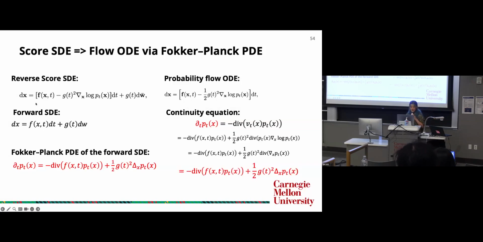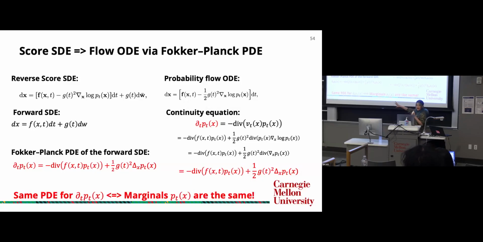So this is saying that the rate of change in probability from this score SDE, or this forward SDE, is the same as this probability flow ODE. The same PDE for the rate of change of probability means that the marginals are all the same. So now, if you have your score function, instead of sampling from an SDE, you can do ODE sampling.